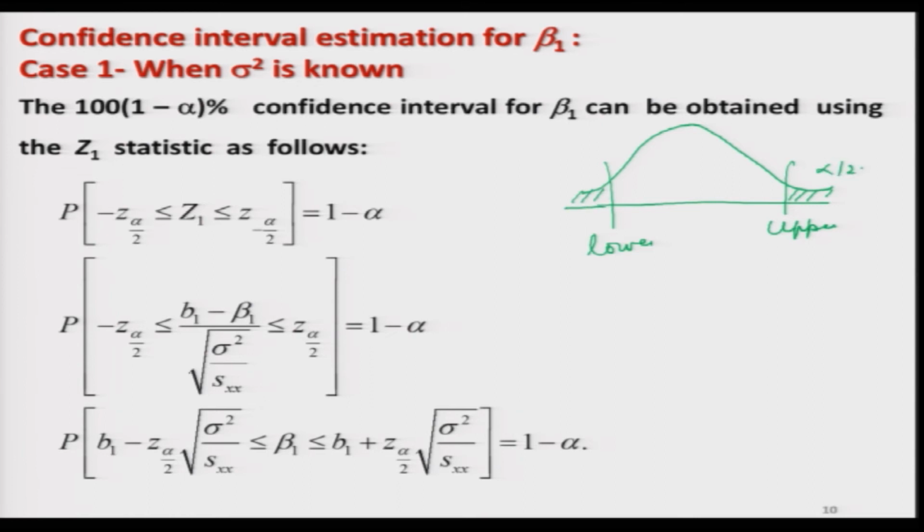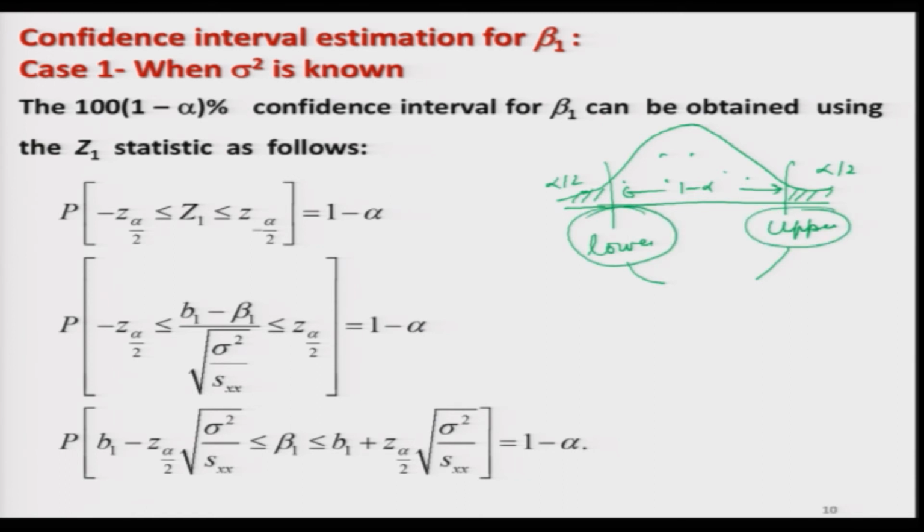So, usually when we are trying to consider a symmetric distribution like as normal 0 1, then on both side this shaded region will be alpha by 2 and this dotted region in the mid will be 1 minus alpha, right. So, these two values lower and upper limit, they are going to give us the values of the confidence interval. So, they are the lower and upper limits of the confidence interval. So, our objective is this, we want to find out these values based on the statistics.